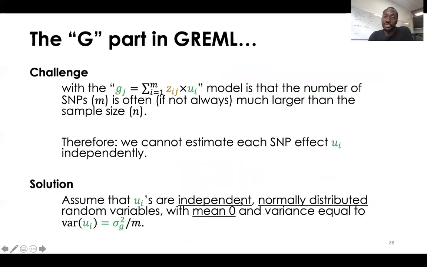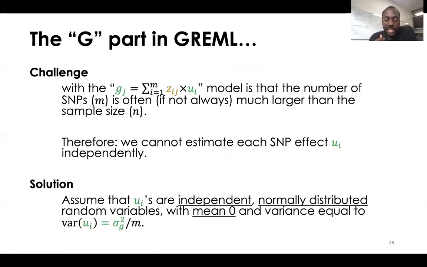However, there is a challenge. To be able to estimate the variance of G for all individuals, I need to know the SNP effects, the u_i.